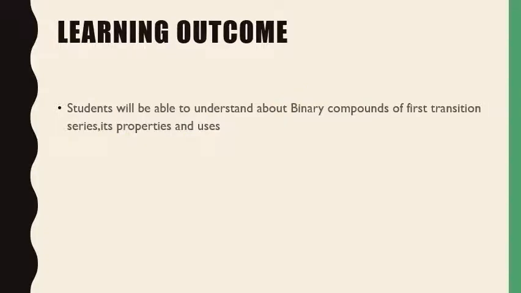What will be the learning outcome of this lecture? The students will be able to understand all types of the binary compounds of the first transition series along with their properties and uses.